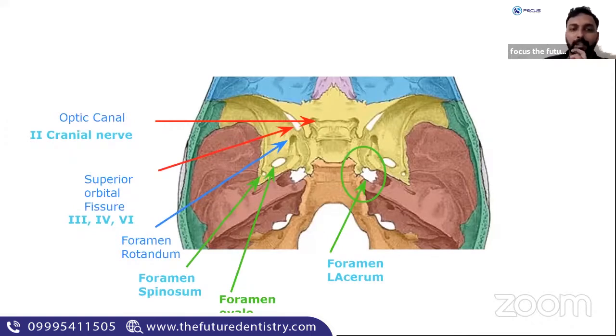What are these third, fourth, and sixth cranial nerves? Third one is oculomotor. Fourth is trochlear, and the sixth is abducent, which passes through it.